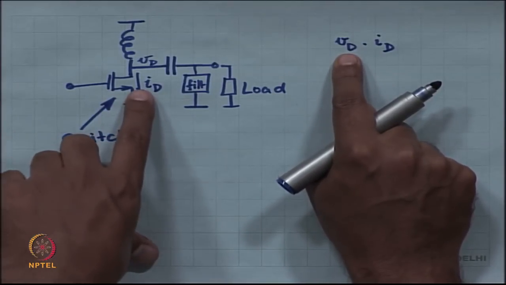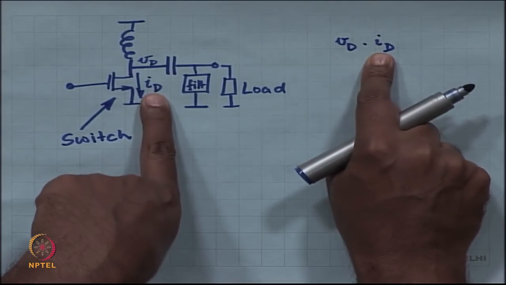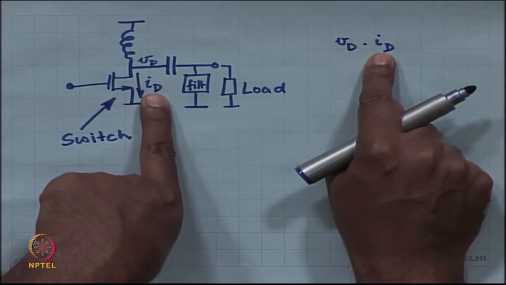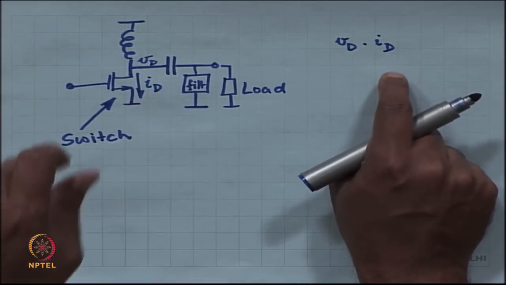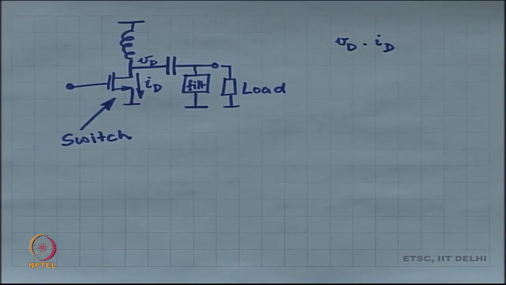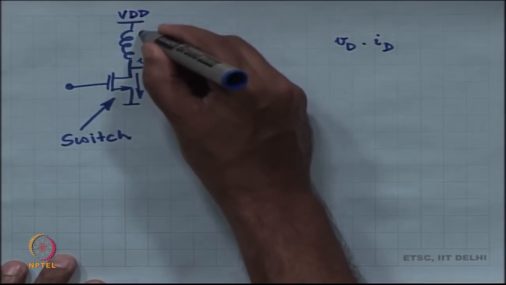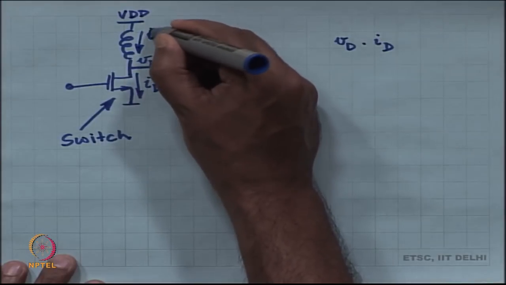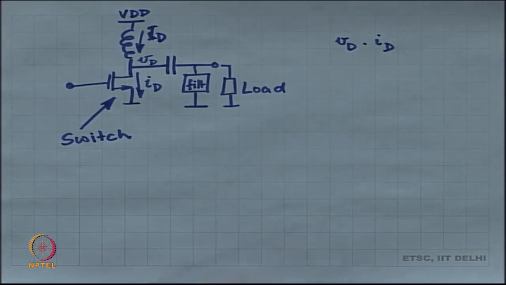When the switch is off, I d is 0, because the switch is off, in which case again the MOSFET does not get to consume any power. So, if I can operate the MOSFET as a switch, then the MOSFET does not consume any power at all, which means whatever comes from the power supply makes its way to the load. The power that the power supply produces can only be delivered to the load, because nothing else consumes any power.